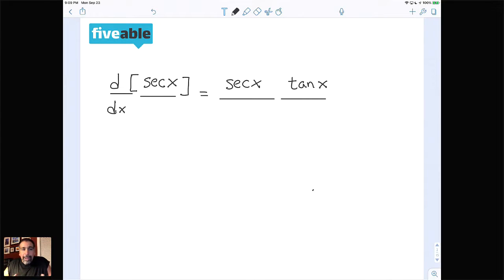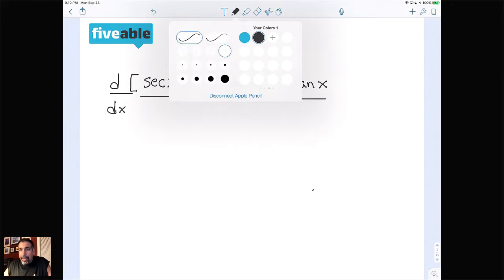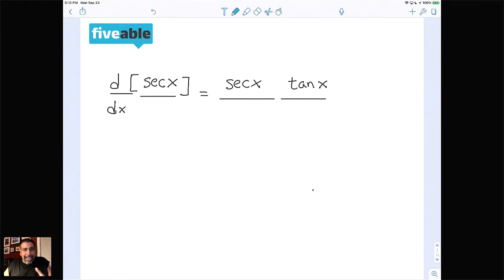So here I am, I'm looking for the derivative of cosecant now, but I've got the derivative of secant. So what I do is I tell my students, okay, I'm going to do the exact same thing to both sides. And the thing I'm going to do is not very mathematical, but it helps my students to remember their derivatives. I am now going to write co in front of everything on both sides.